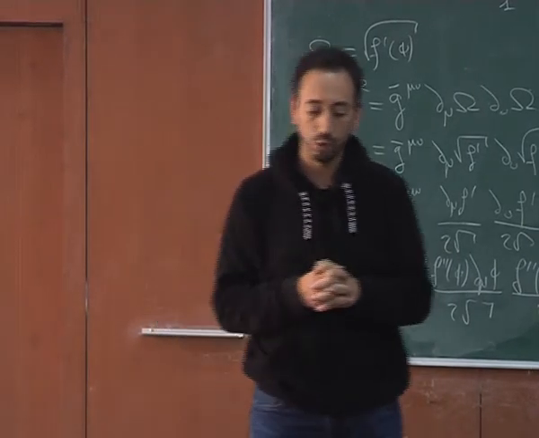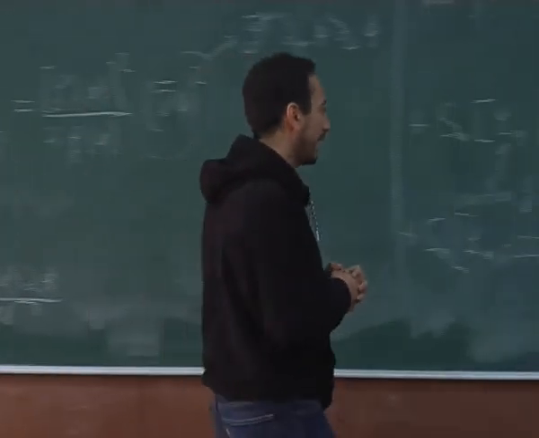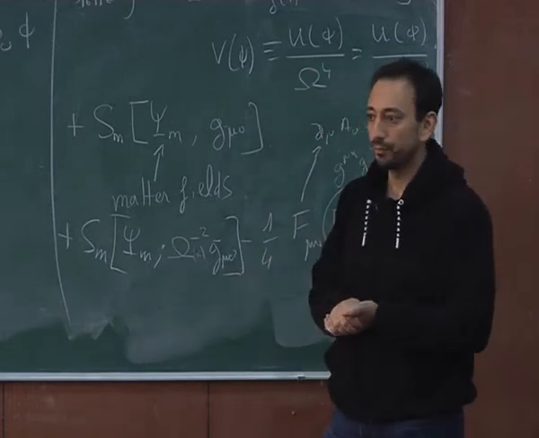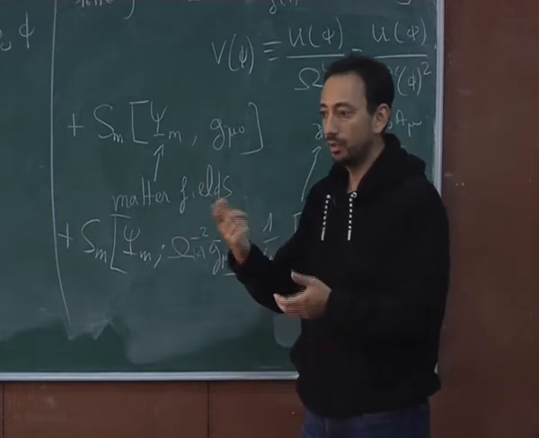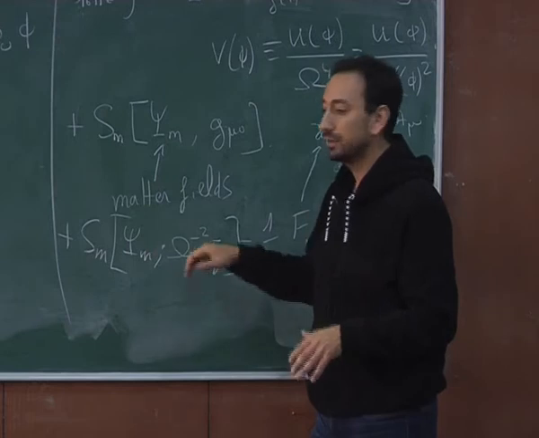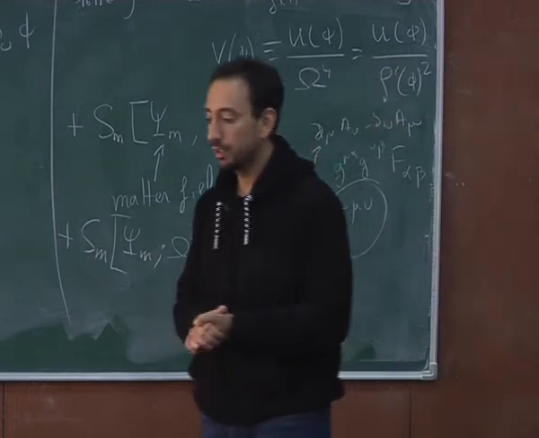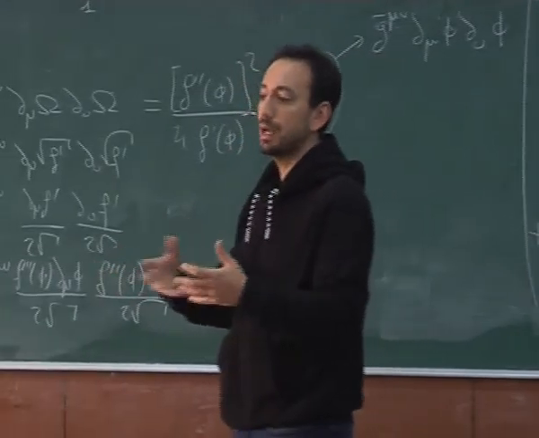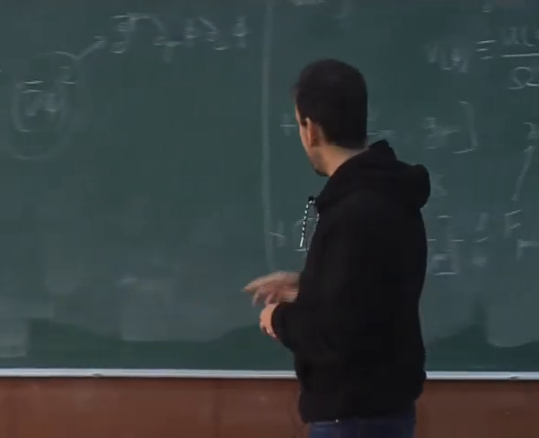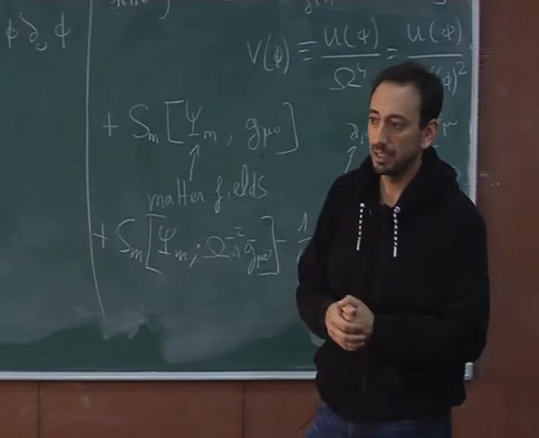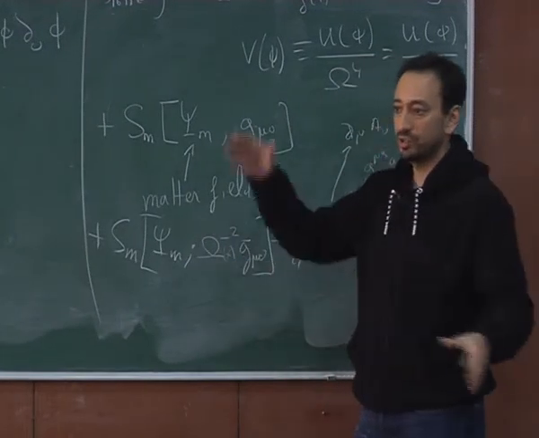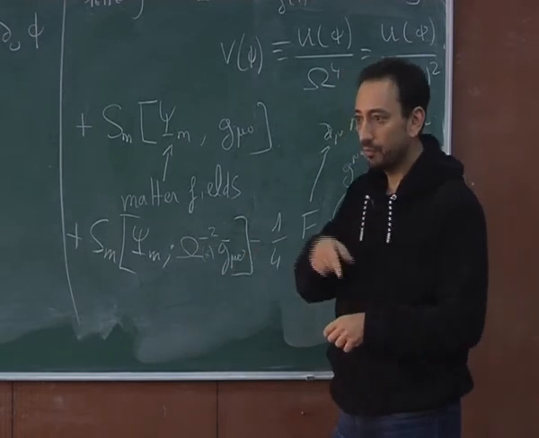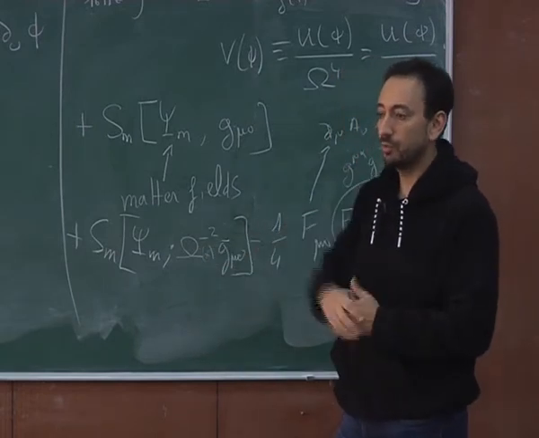The reason is the following: now matter is coupled to the scalar field in this new frame. There is no expansion, but matter is coupled to the scalar field. So what does it mean? Imagine that you have some matter field which has some mass. The mass is coupled to the scalar field, and that scalar field changes over time. So now the mass of the field changes in time also.